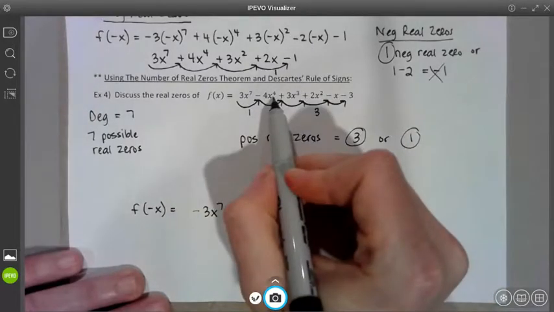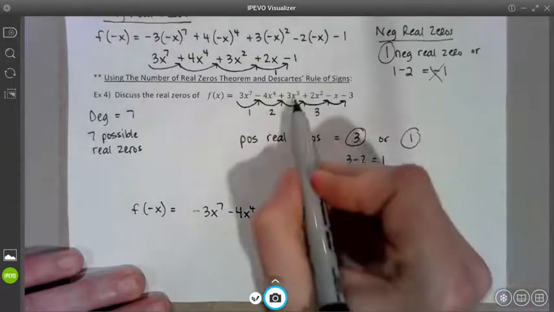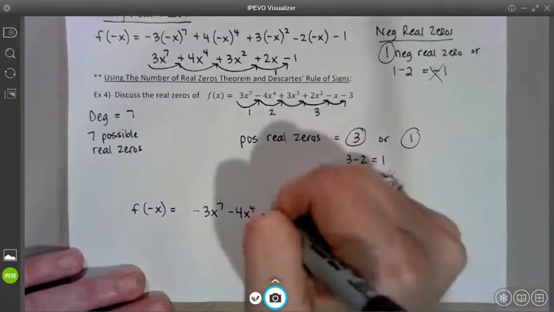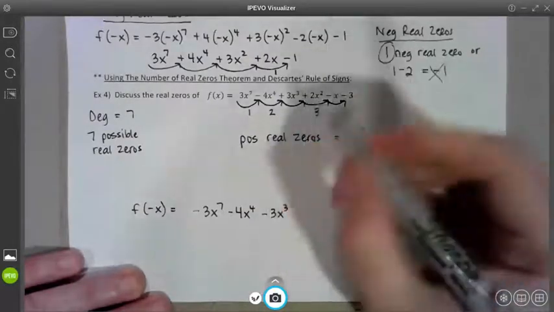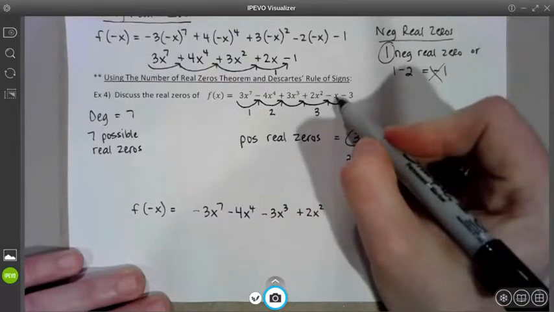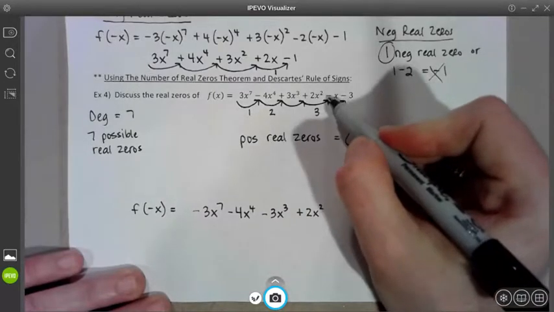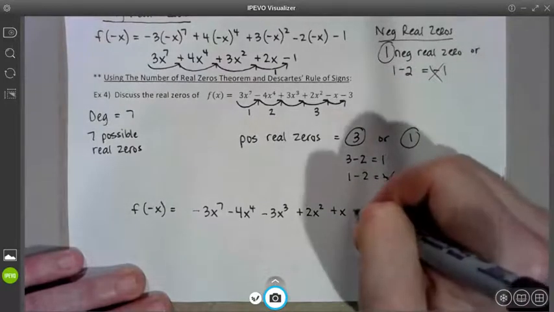All right, even degree, the coefficient would stay the same. All right, odd degree, the coefficient would go to the opposite. All right, even degree, the coefficient would stay the same. All right, odd degree, it's degree 1, which is odd, so the coefficient would go to the opposite, and then your constant number stays the same.